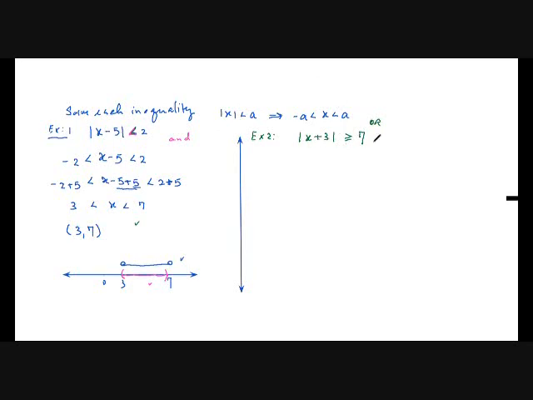So coming back to this second example, absolute value of x plus 3 greater than or equal to 7, you will read as an or.